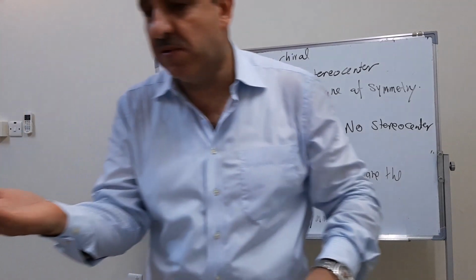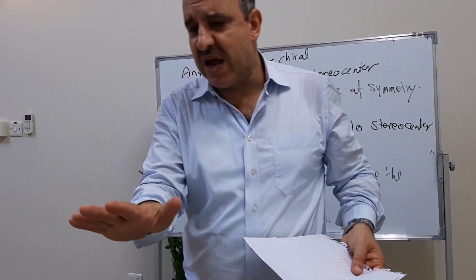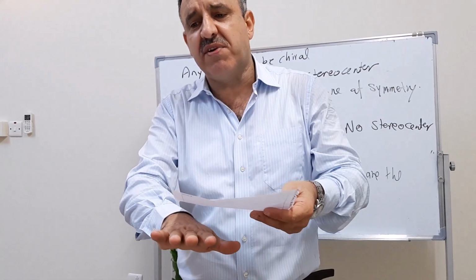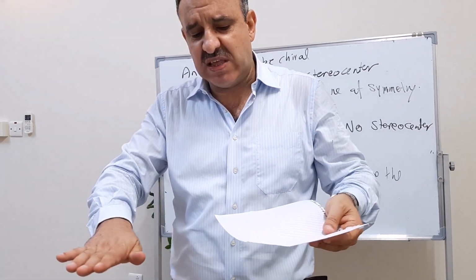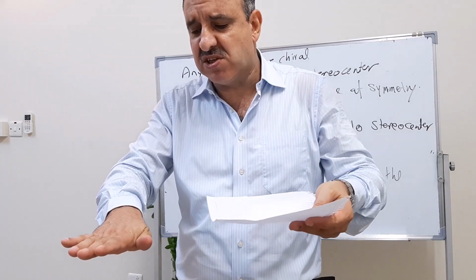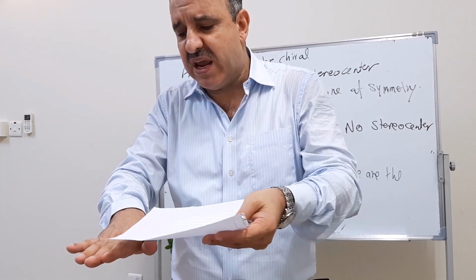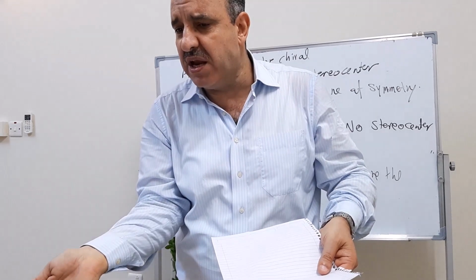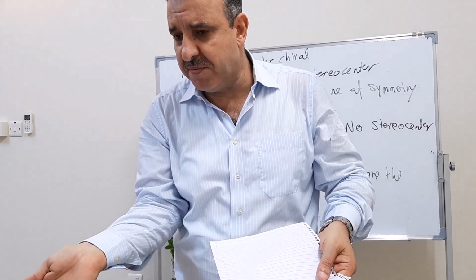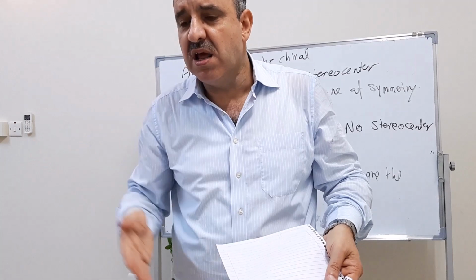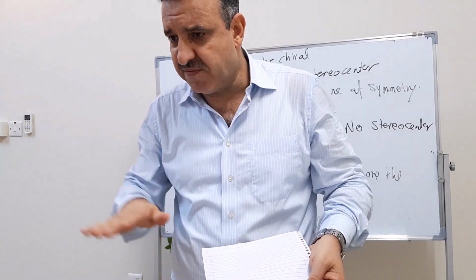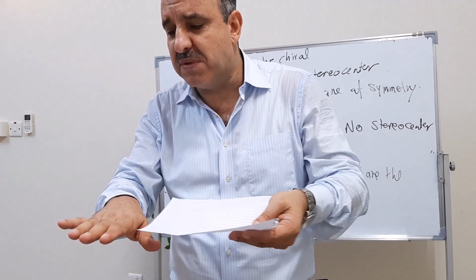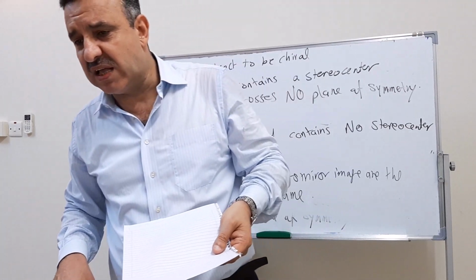If you try to divide your hand by any means, you will never do so, because if you imagine the plane of symmetry passing through, the upper part of the hand is different than the inner part. Do you follow me? And therefore they are not mirror images. Therefore there is no plane of symmetry in the right hand and the left hand.